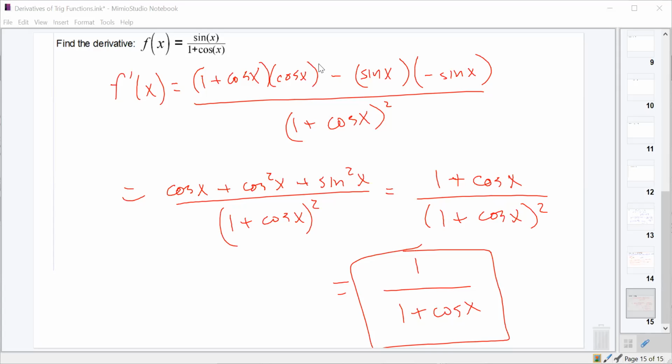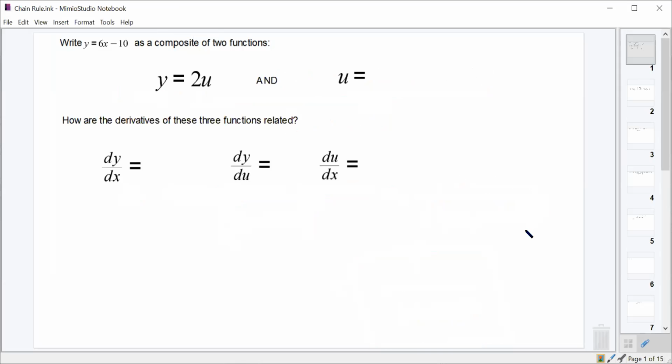But in order to do that, we're going to start with something real simple. We're going to take a very simple function that you know how to take the derivative of, y equals 6x minus 10. You could take the derivative of that, right? And we're going to actually write it out as if it was a composition of two different functions.